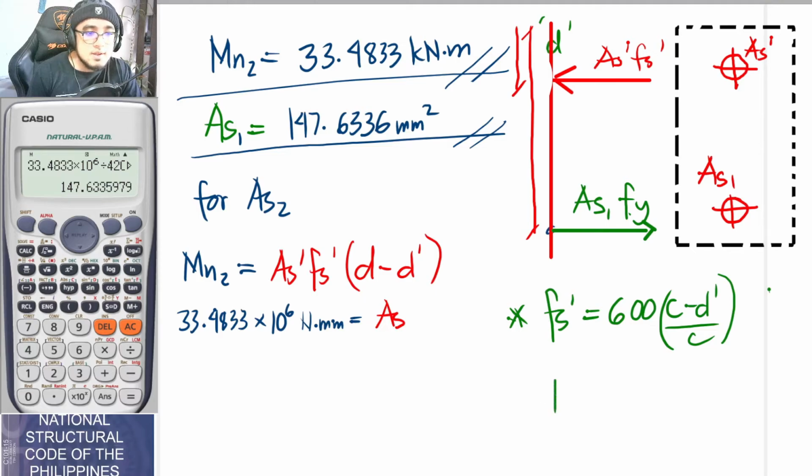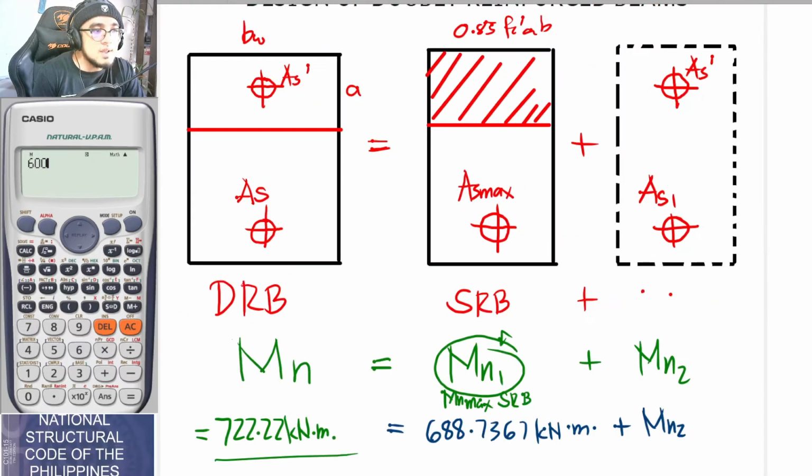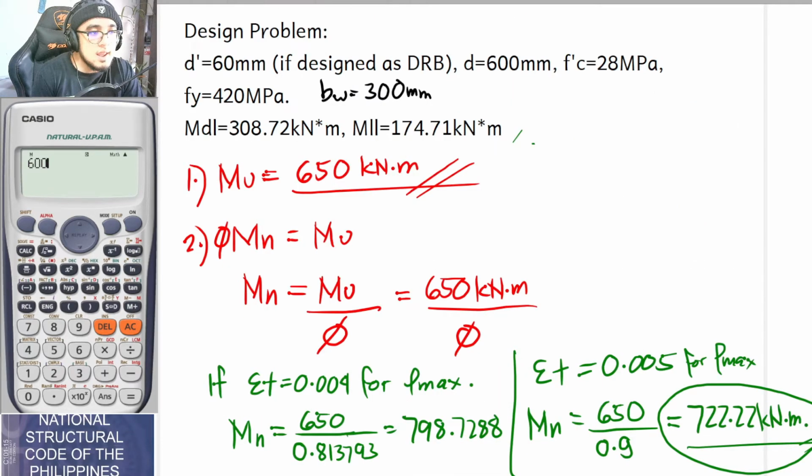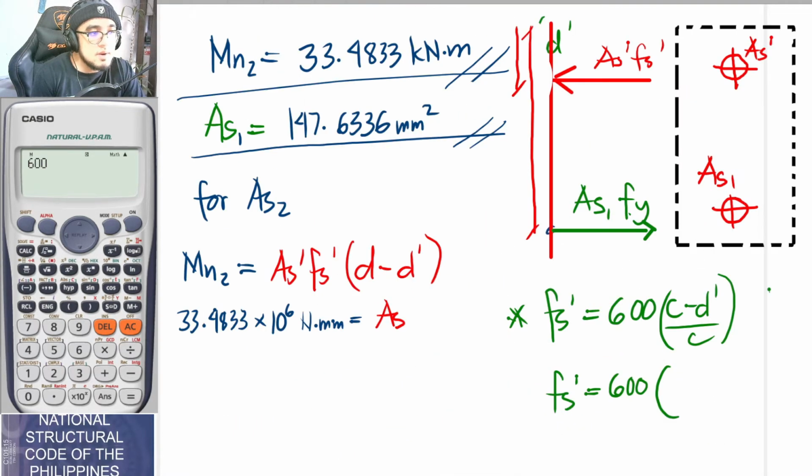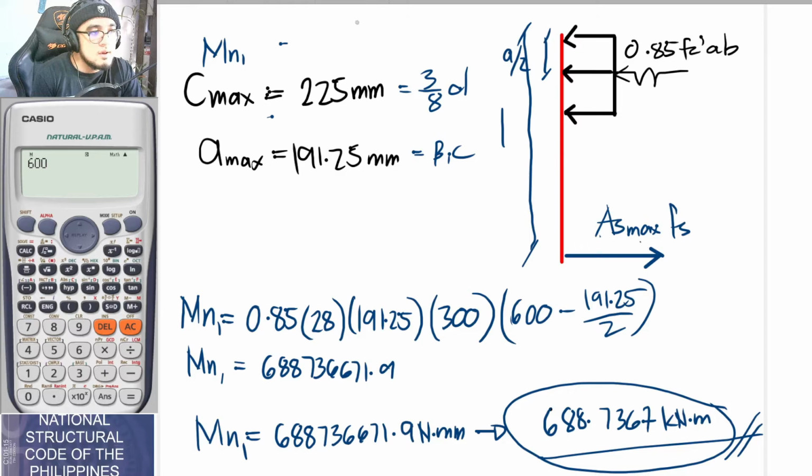So with that, guys, Fs prime is equal to, substituting known values, 600 times, I would just be writing them here, 600 times what is the value of c. So same lang siya sa kanina, which is c max, so c is 225. So ito yung na-solve natin kanina.